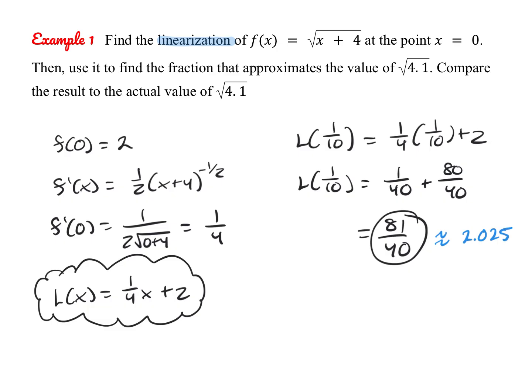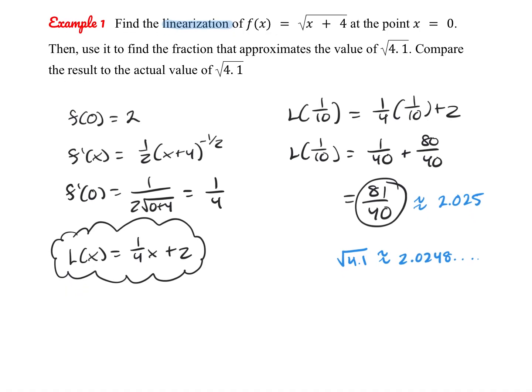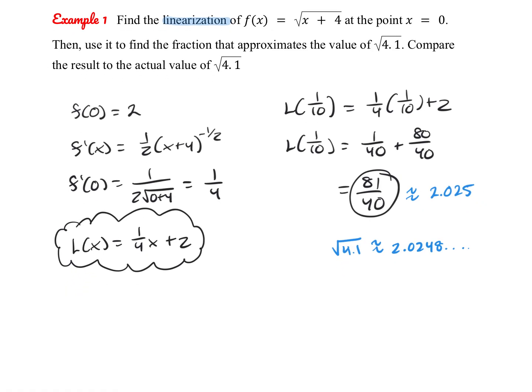And if you do the square root of 4.1 in your calculator, you get 2.0248... So if you compare the two, this is a really good approximation for the square root of 4.1. And here we have a rational expression, so it'd be easier for us to work with, especially if we didn't have a calculator.